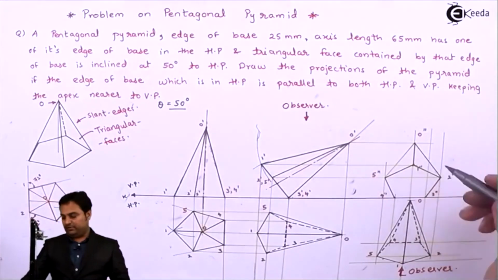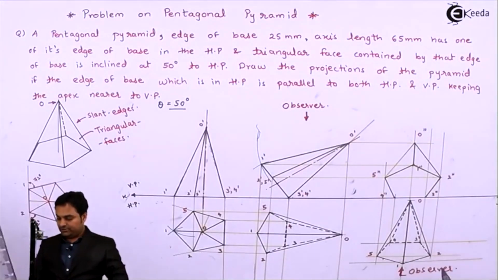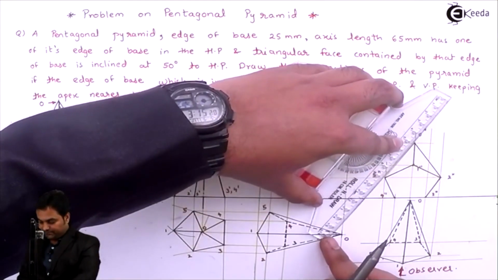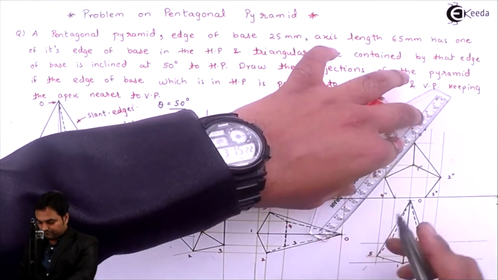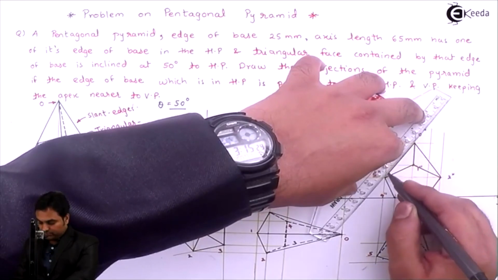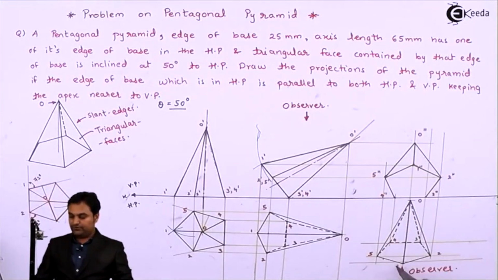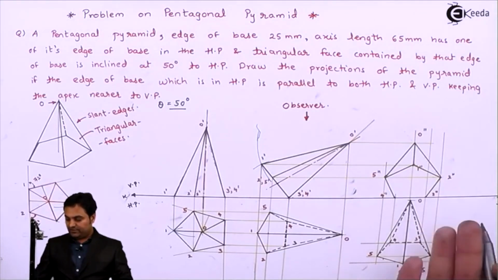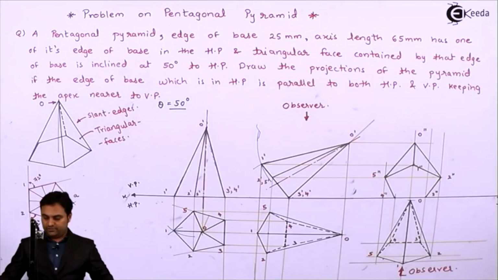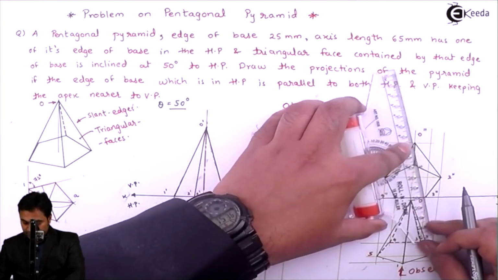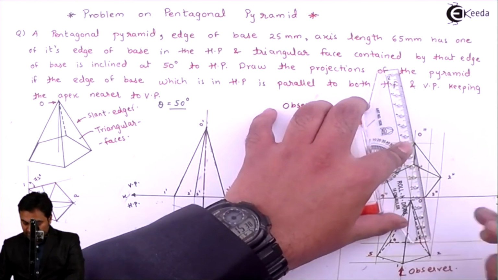O double dash to 1 double dash will be connected because it is in front of the observer. Next, O double dash to 5 double dash will also be connected because closer to observer. But the edge 4, 3 and this triangular face is going behind the observer, so that will be hidden, joining it with the help of a dotted line.